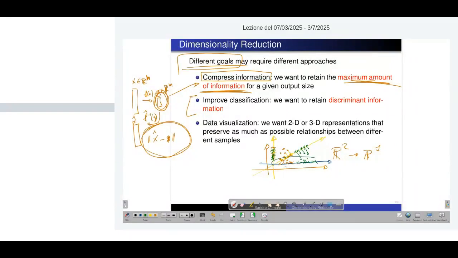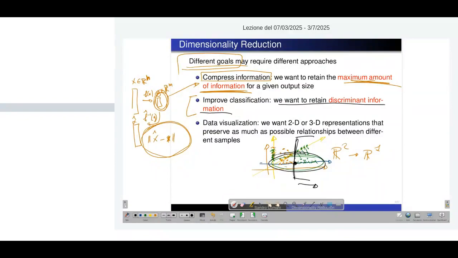If I have to perform classification on this data, I can just say whatever is on the right of this point looks like it belongs to class green, and whatever is on the left looks like it belongs to class red. So the way I choose the direction in this case may be to preserve what is called discriminant information. That is, we look for a direction that contains information that is useful to discriminate the classes.